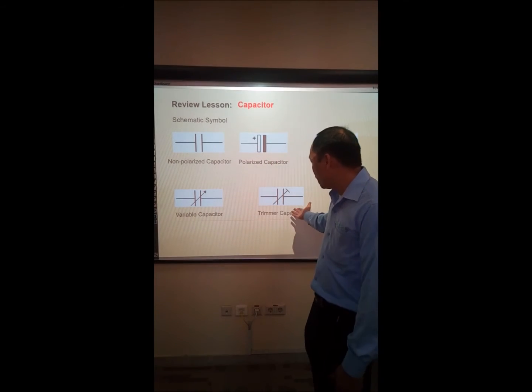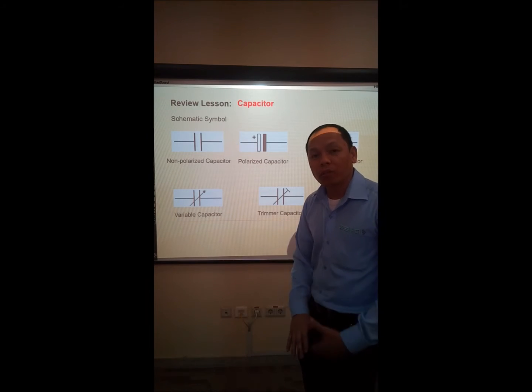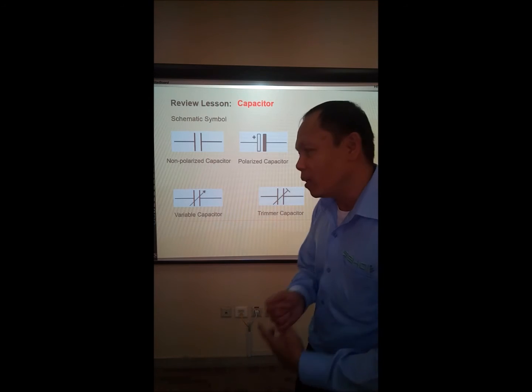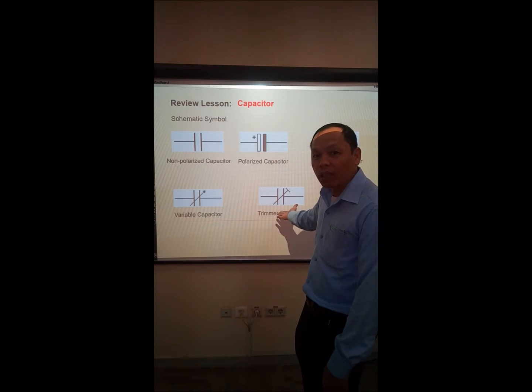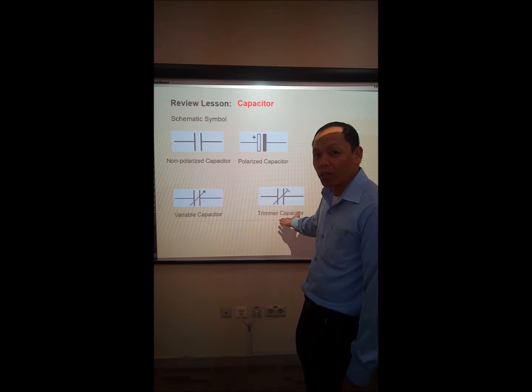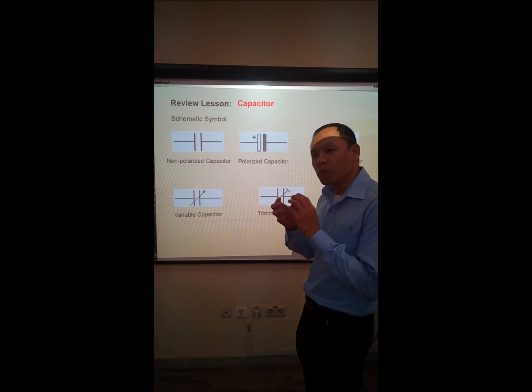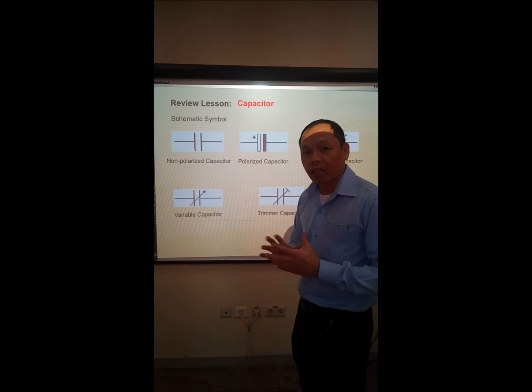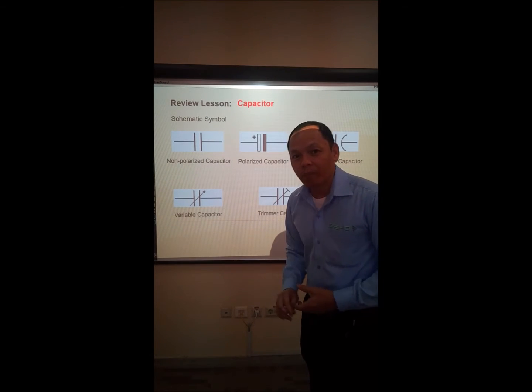And this one we have here the trimmer capacitor, which is used in the wireless microphone, for example. This is a small type of variable capacitor, which is called trimmer capacitor, and this one is a big variable capacitor.